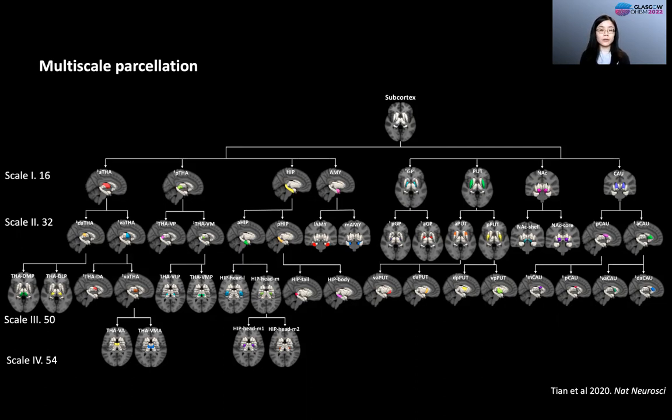However, I would like to note that not all subcortical structures have 4 scales of organization. For example, the globus pallidus only extends to scale 2, comprising two subregions, whereas the thalamus and the hippocampus have more hierarchical scales.